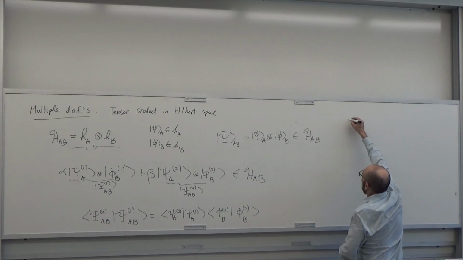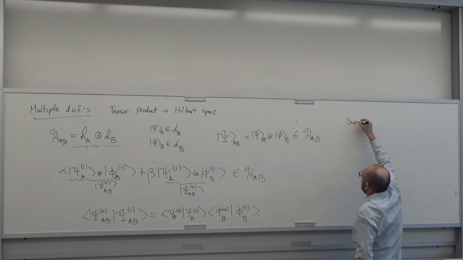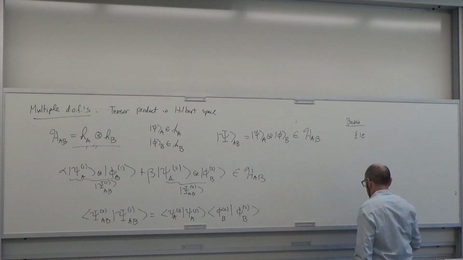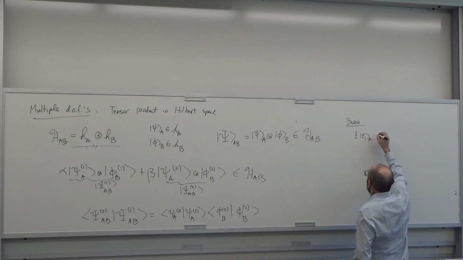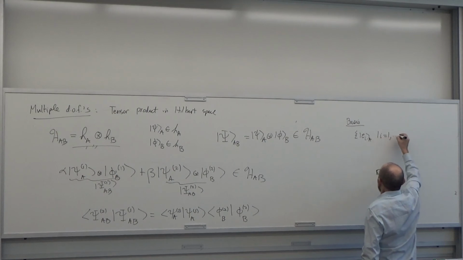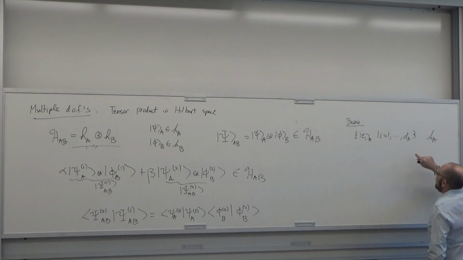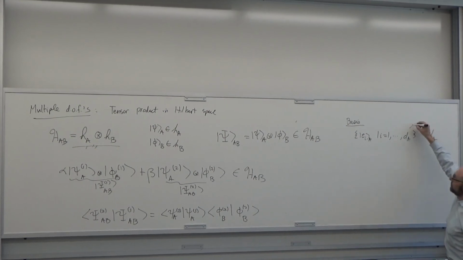So if I have a basis for Hilbert space A with some dimension, could be infinity, but we'll be looking at finite dimensional ones for the most part, not always.